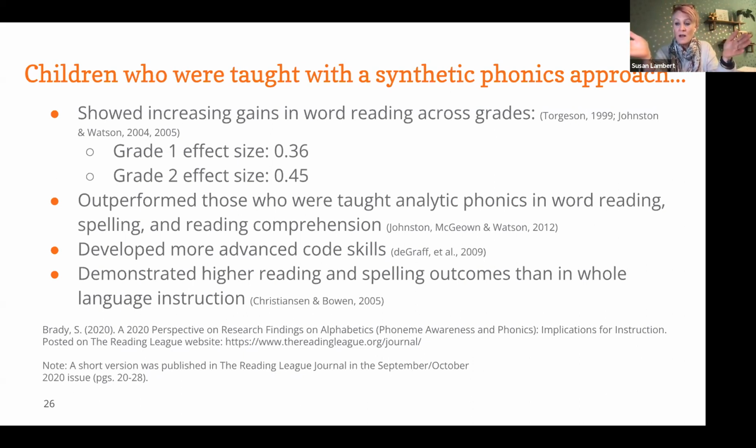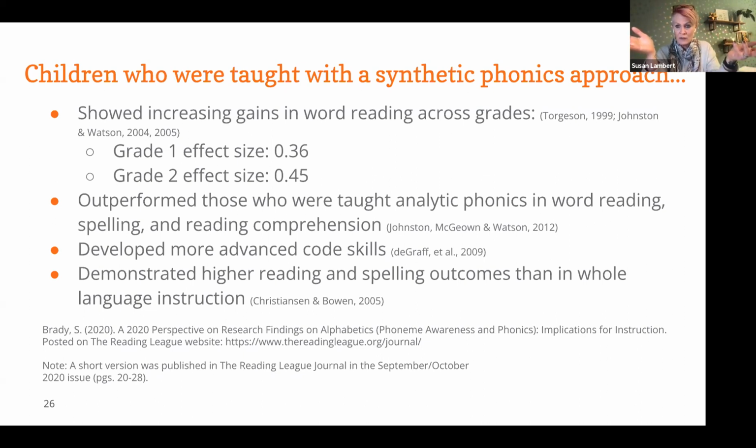That's important because when we talk about kids having access to more text complexity, getting into more text, gaining more meaning from text, this synthetic phonics approach actually helps them engage in that text.